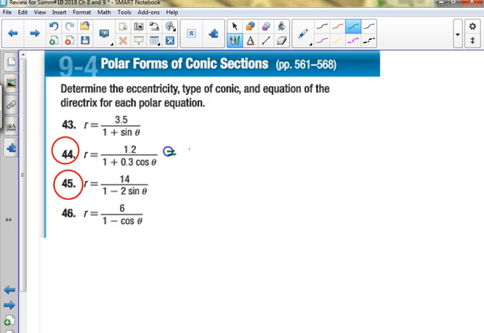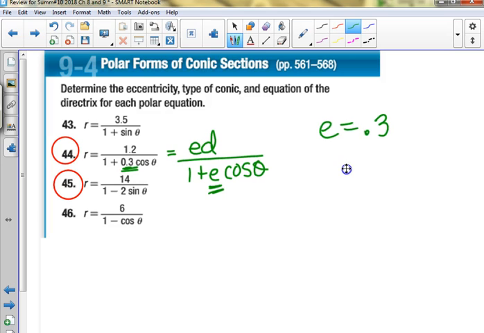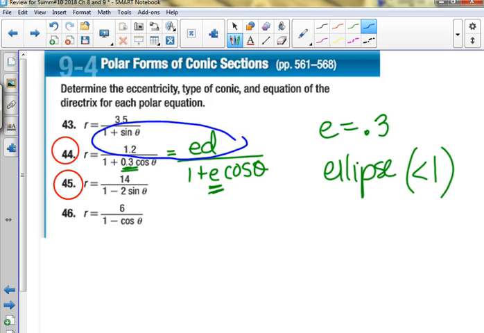Once you have a 1 in that spot, you find the equation on the sheet, which for number 44 would say that. So what is E? E is 0.3, which makes it an ellipse because it's less than 1, yes. And how do I find D? Well, the top here would say ED equals 1.2, but I know E is 0.3.